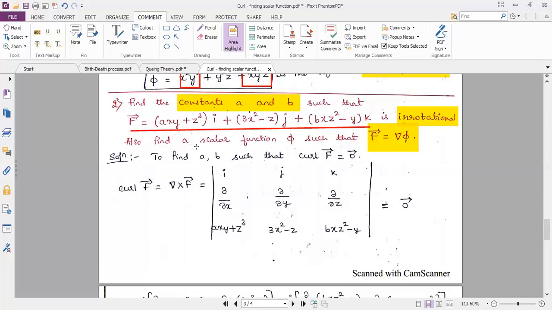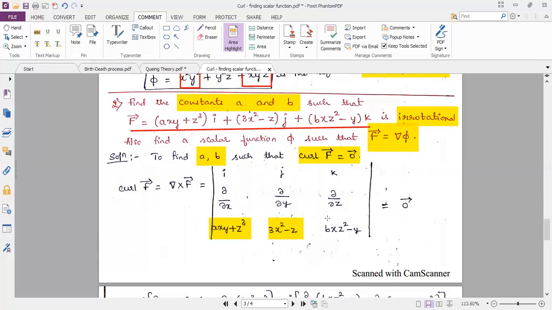To find the constants a and b, using the condition that it is irrotational, consider curl f equal to 0. Curl f is del cross f, given by the determinant of i, j, k in the first row, dou by dou x, dou by dou y, dou by dou z in the second row, and components of vector f in the third row.